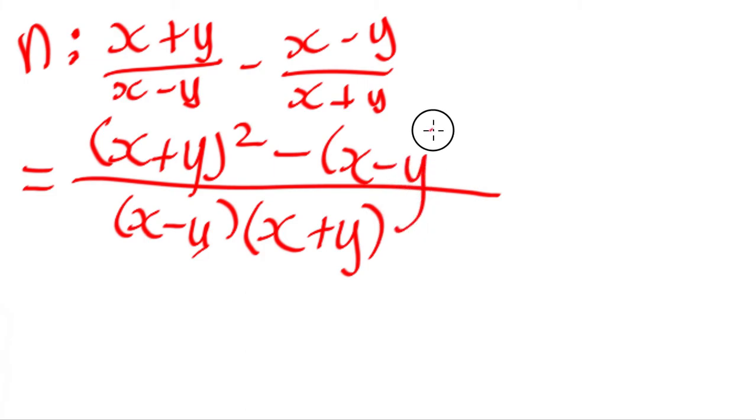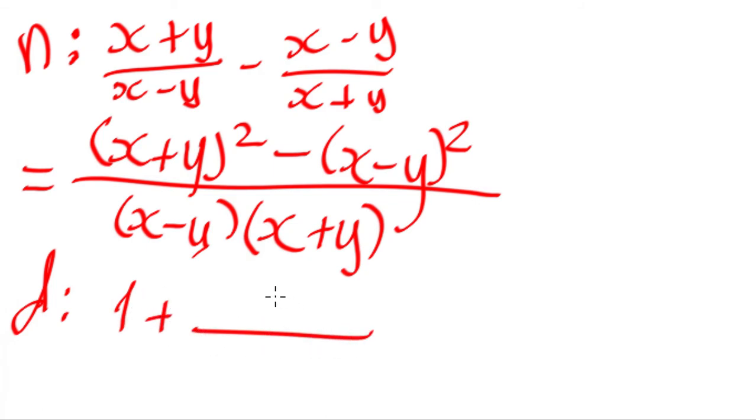So that's our numerator. That's as far as we can go with our numerator. We cannot simplify anything just yet. But for now, let's proceed to our denominator. In our denominator, recall that it looks like this: 1 plus x minus y all over x plus y.